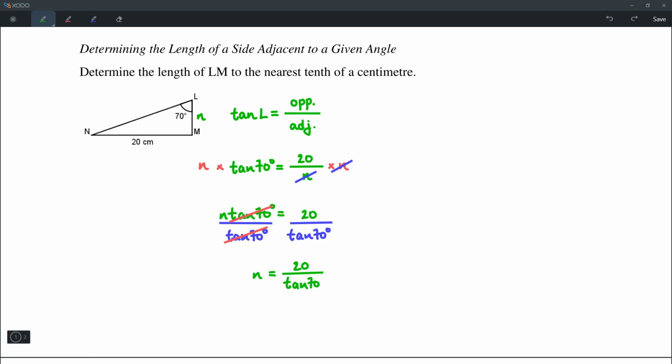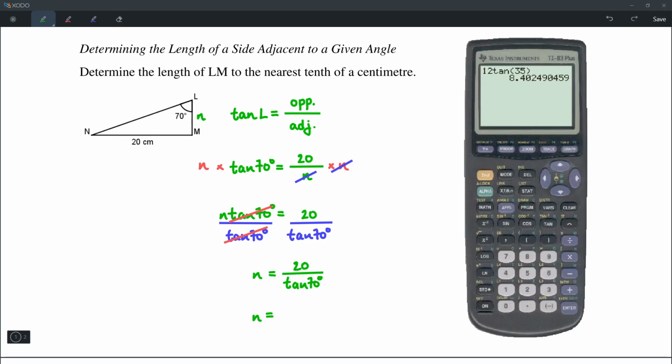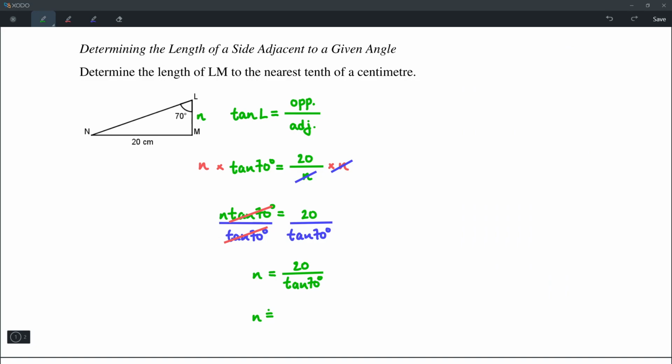Which can then be evaluated using a calculator. 20 divided by tangent 70 degrees gives us approximately 7.3 centimeters.